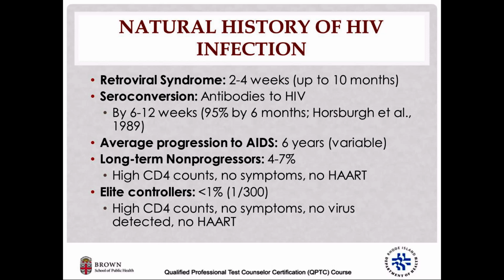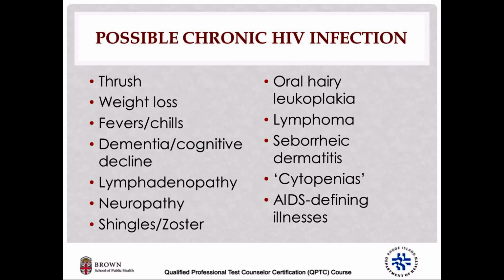These are some of the possible signs and symptoms of chronic HIV infection. As I mentioned, thrush, or the fungal infection of the mouth and tongue, is really one of the classic ones. People may also have significant unexplained weight loss, as well as feverish chills and sweats during the night.